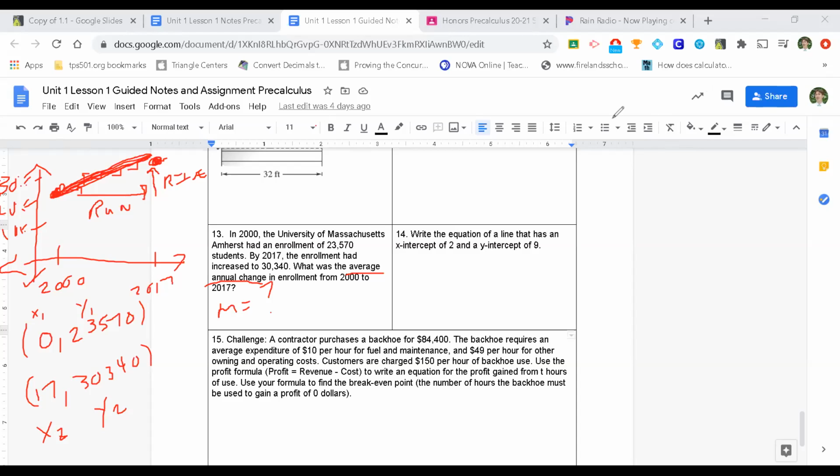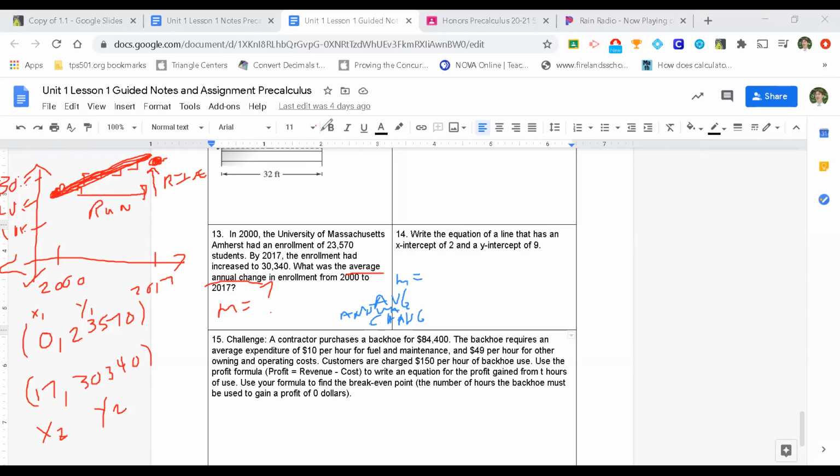While you're doing these problems, you should show as much work as you can. For example, for this problem, what I would consider sufficient work for number 13: I'll draw it in a different color. If you turn in an assignment that looked like this, M equals, or instead of M, you put average annual change, whatever you choose to start this, I don't care.